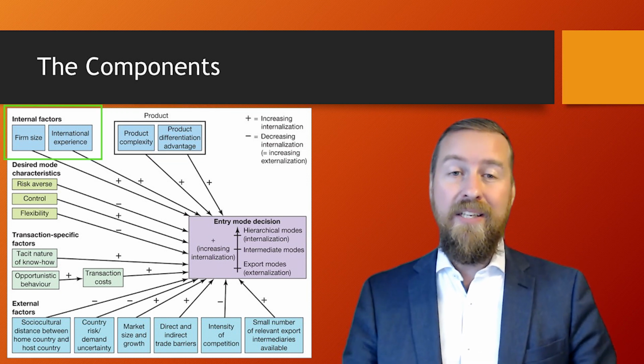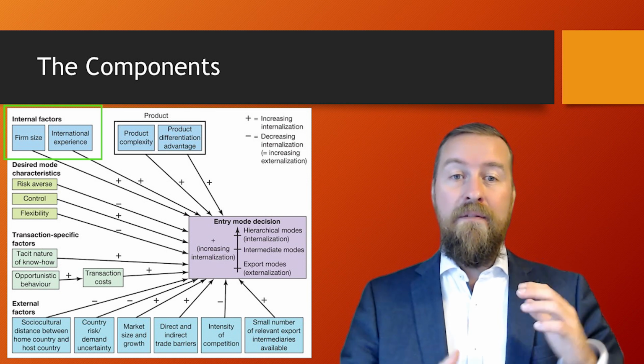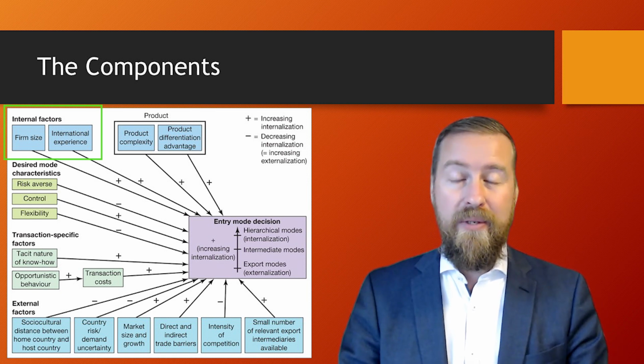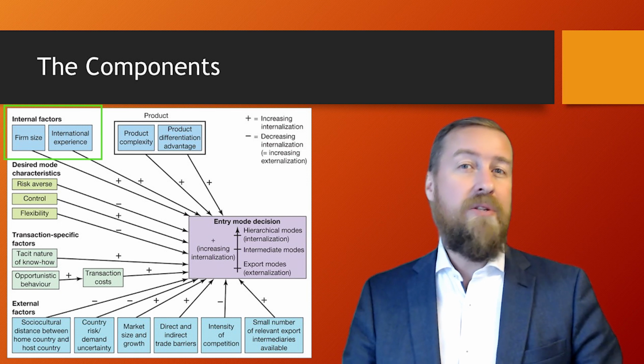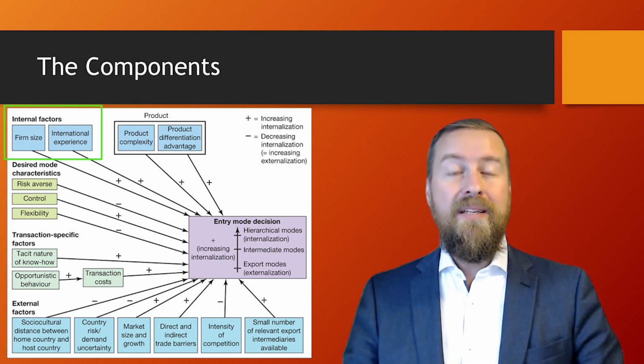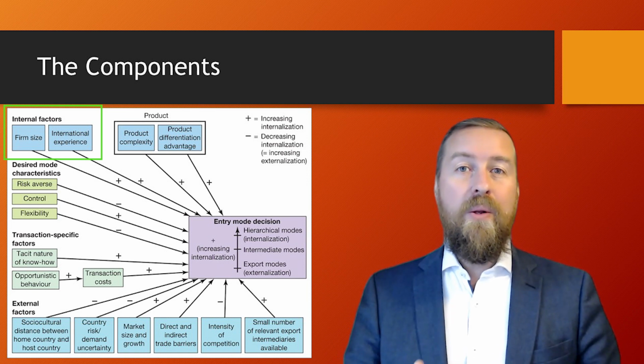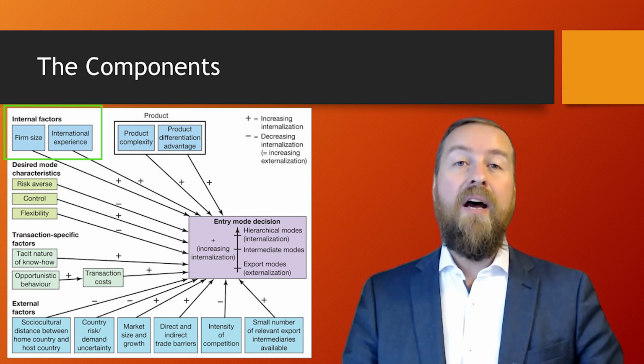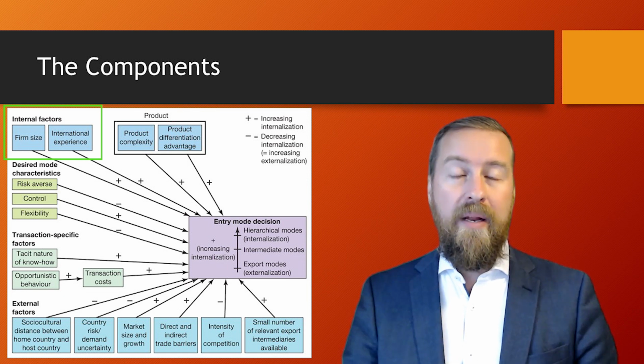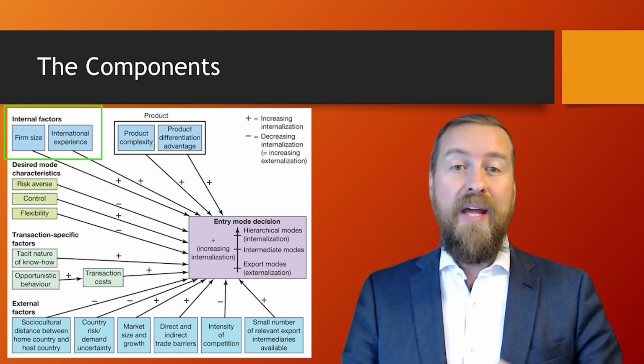Another of the internal factors are firm size and international experience. This links up to the Uppsala model, or the Nordic market or Hollensen and Wallner model, where you're looking at what's in the head of the people in the company. What experience do they have?